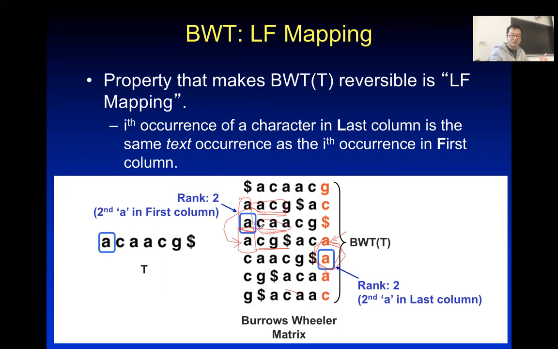This CAA corresponds to this one, and this CG dollar corresponds to this one. They are in the same order. And that's why the LF mapping is correct. Any questions? So this is the most key idea in Burrows-Wheeler transform. And it's a bit confusing.